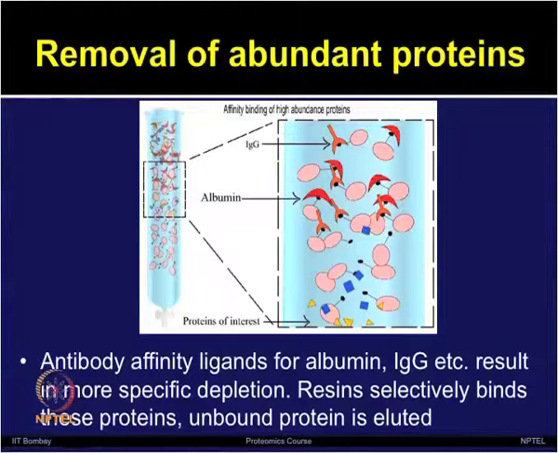The antibody affinity ligands are used for albumin, IgG and other abundant proteins, and this results in very specific depletion. These resins can selectively bind to these proteins, and unbound proteins can be eluted in a suitable buffer.